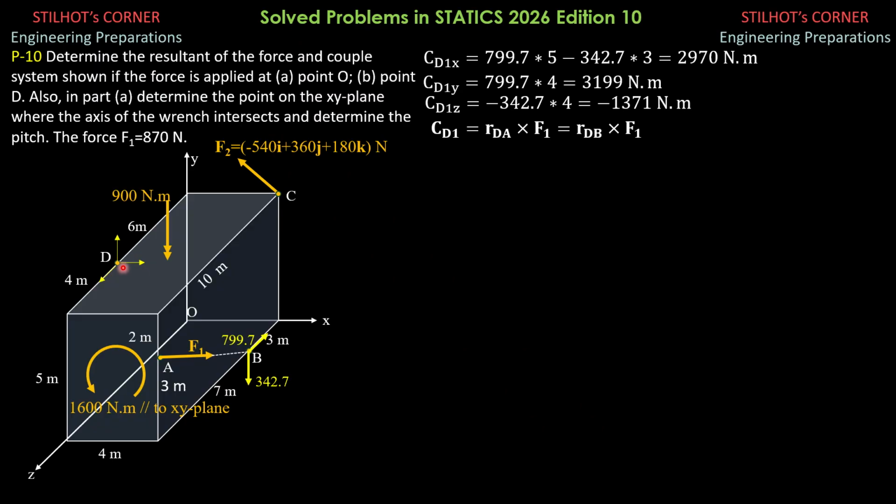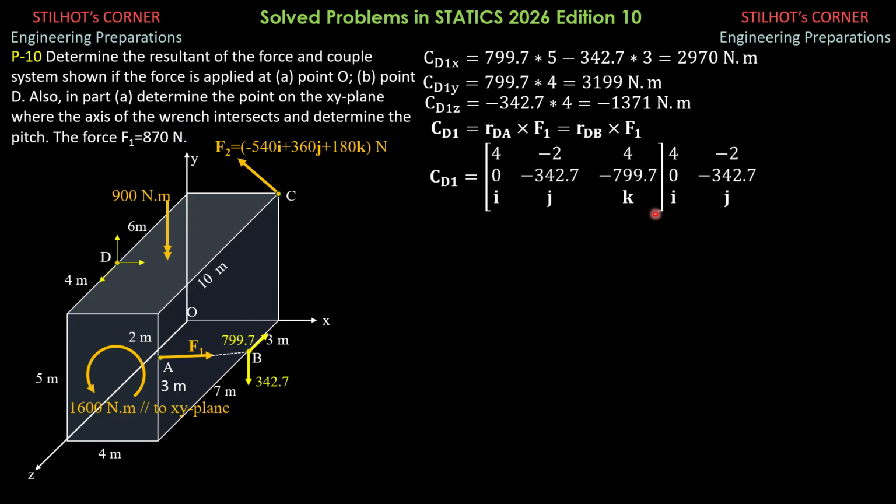And I will leave RDB for you as another alternate solution so that you can practice. So I choose 4, negative 2, positive 4. Then components of F1, unit vectors, copy the elements of the first two columns.